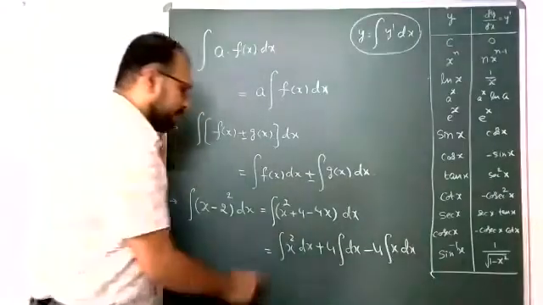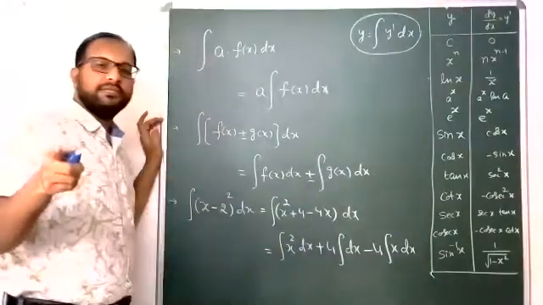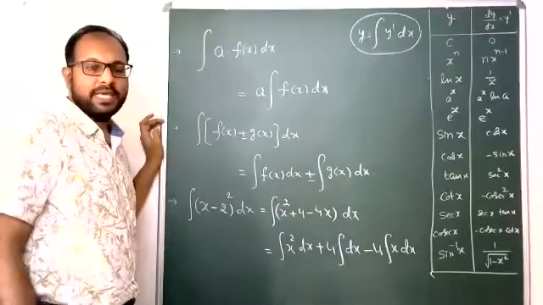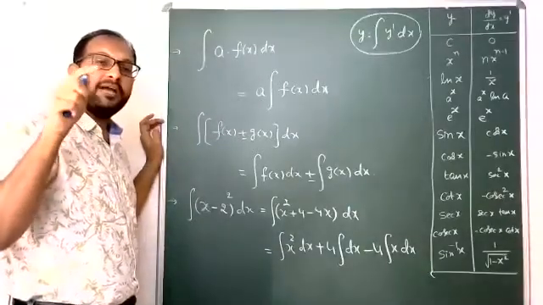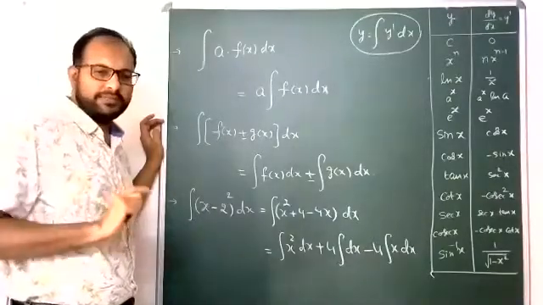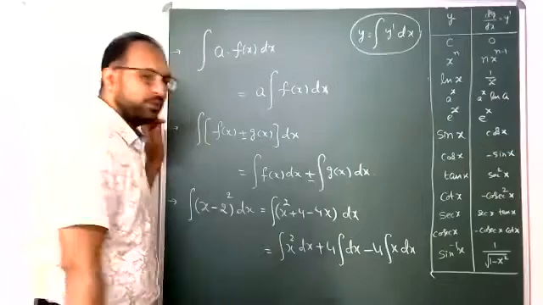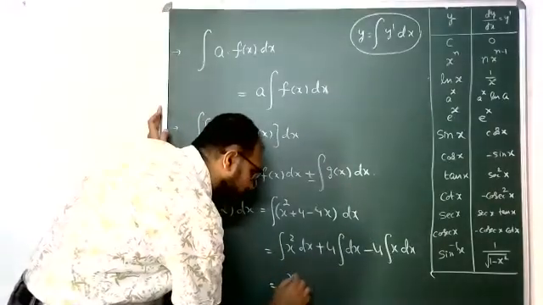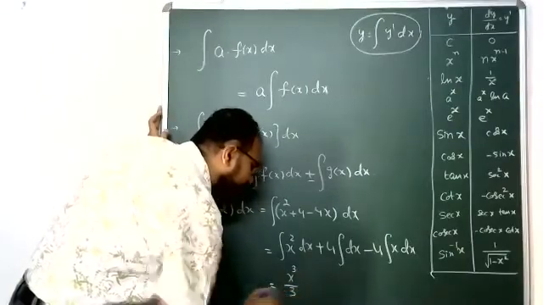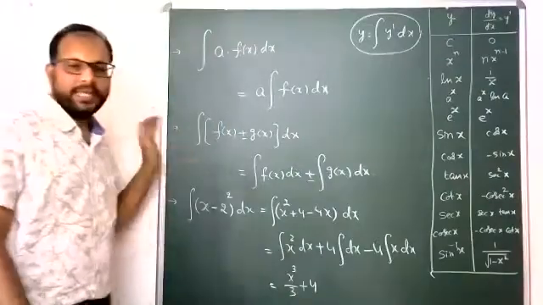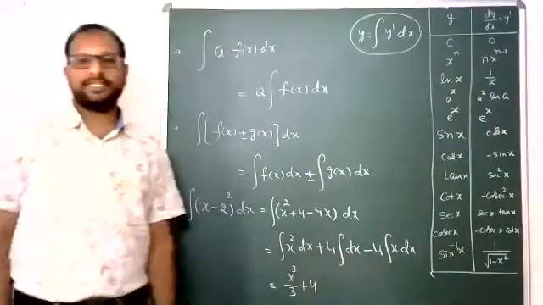Later, the integral of x square dx, using the integral of x to the power of n dx formula: x to the power of n plus 1 by n plus 1, where n here is 2. So here I am writing, students, x cube by 3 plus 4 into the integral of dx.